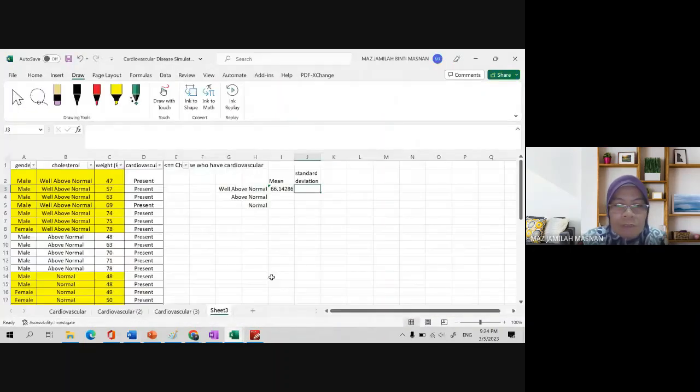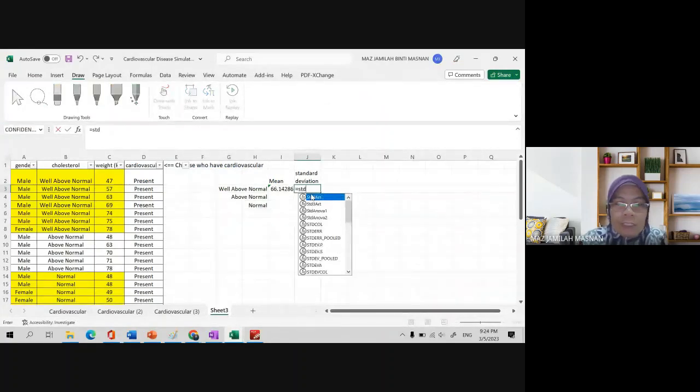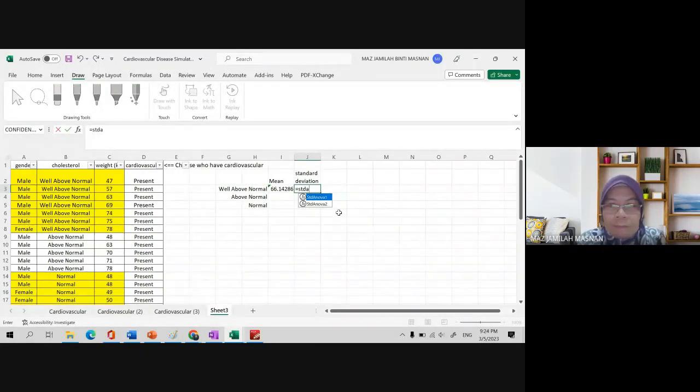Find the standard deviation equal to STD, standard. If it is, you can use the average, the variance.